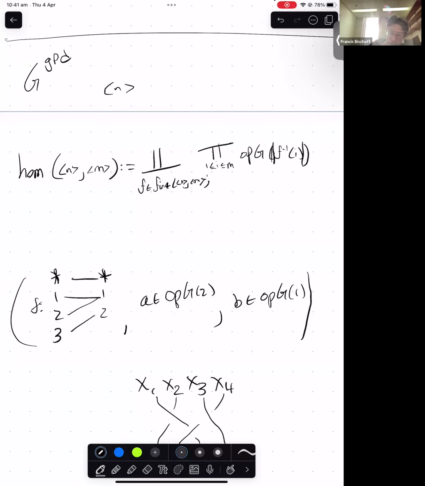So this Hom thing is itself a groupoid, but yes, the objects are always the same for any G. The morphisms is where the group comes in. So it's sort of a generalization of the category of finite sets.